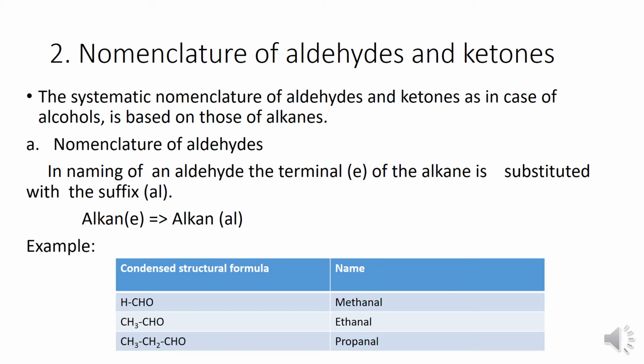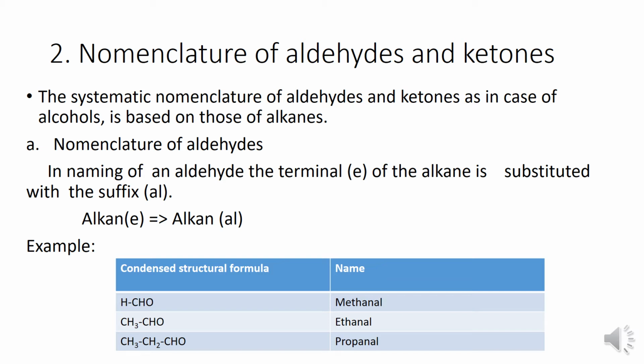Here we have 2 carbon atoms, so the name is ethanal, ending with al. Remember that the name for alcohol ends with ol. So the alkane that ends with e will become alkanol in alcohol.